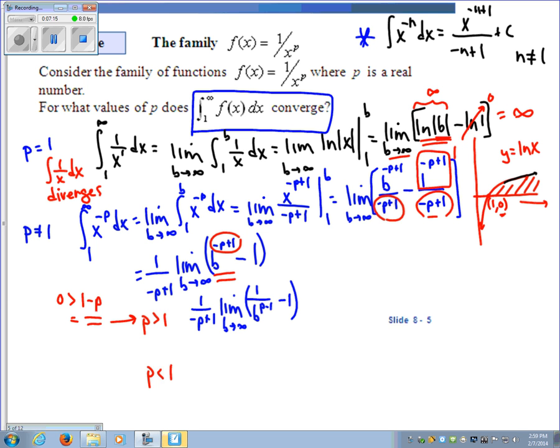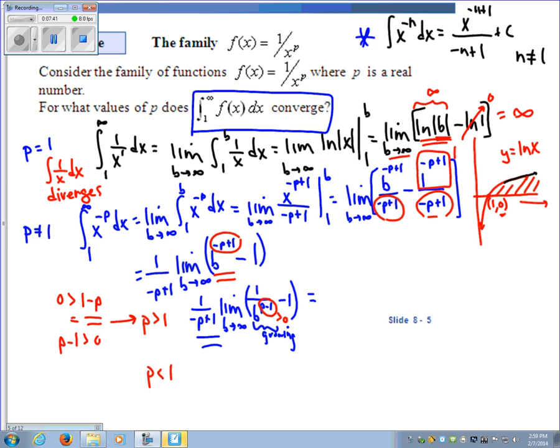Remember that 1 minus p was negative. That means that if I moved everything to the left side, p minus 1 would be positive. So that means this exponent's now positive. And b is a big positive number. So if that exponent's positive, that means the denominator is growing as the b goes to infinity, which means 1 over that is going to 0. So that means that this limit would be 0.